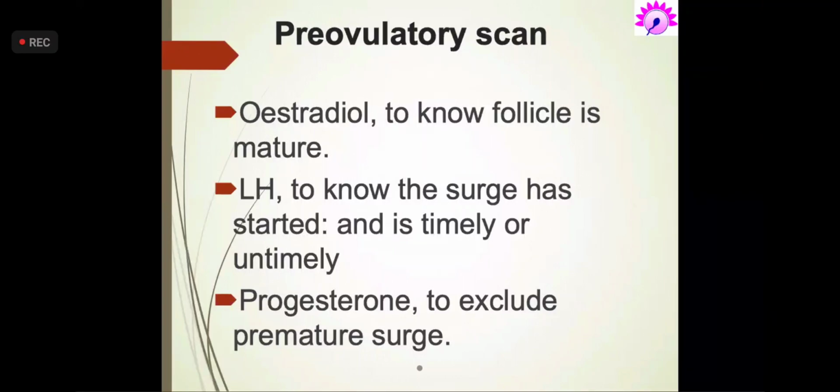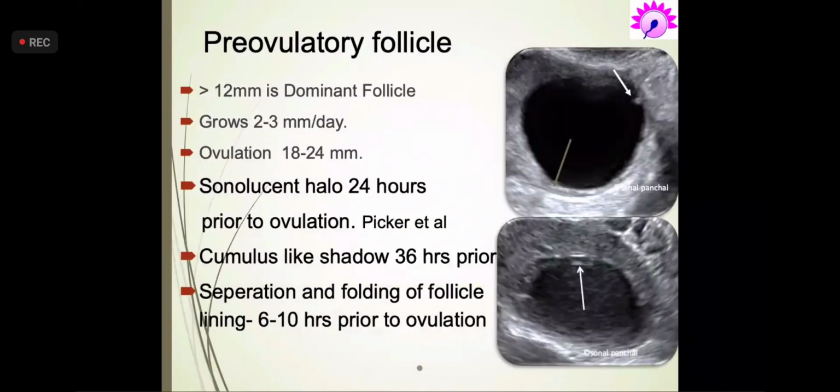Now, what are the things that are important to us when it is about the pre-ovulatory phase? 1, estradiol, to know whether the follicle is mature or not. 2, LH, to know the surge has started, and if it has started, is it on time or untimely? And the third is progesterone. We need to exclude its premature rise. So how do we know about that?